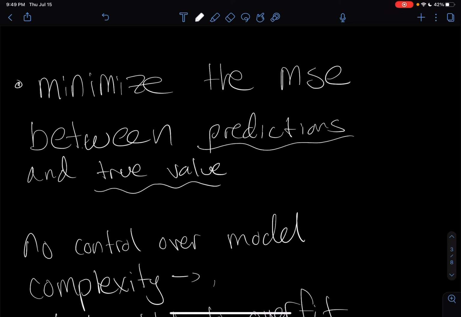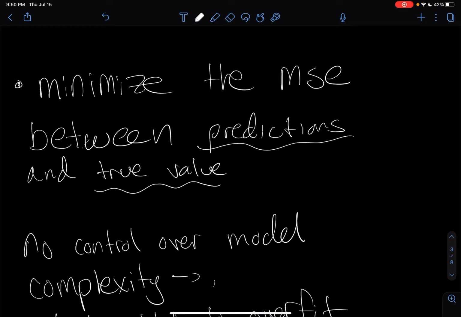That gives us the error, because if our prediction is off by a certain amount, that means that we have some error, okay? So we take the error between the prediction and true value of all of our data points. We sum that together, square it, and then take the mean or average of it. And that should give us one number.